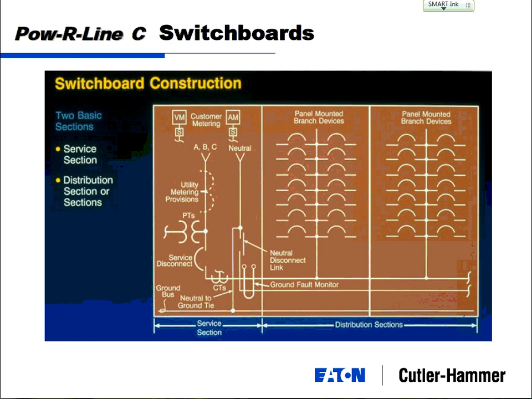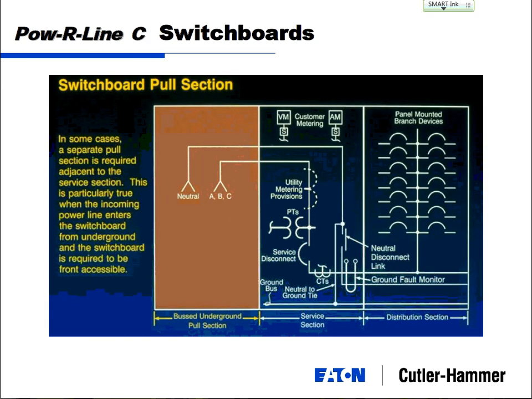Switchboard construction: the concept on a switchboard is that you've got a bunch of building blocks that you can snap together in every way you like. Multiple structures, 2, 3, 4, 10, 11, 12 structures, can all be bolted together with common bus to create one big distribution point.